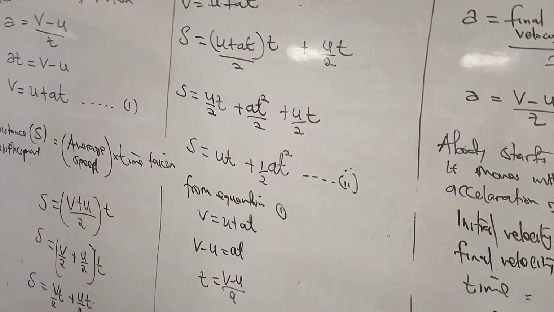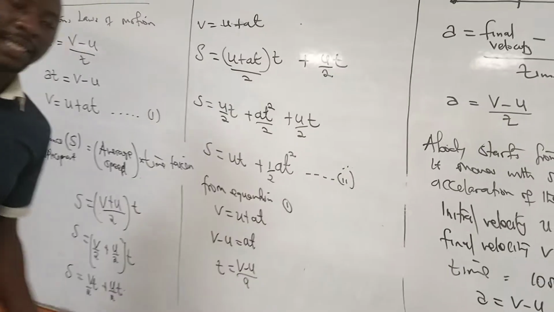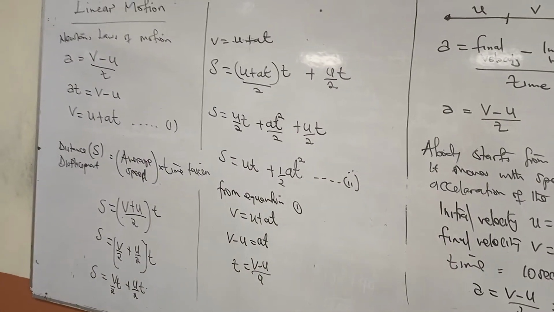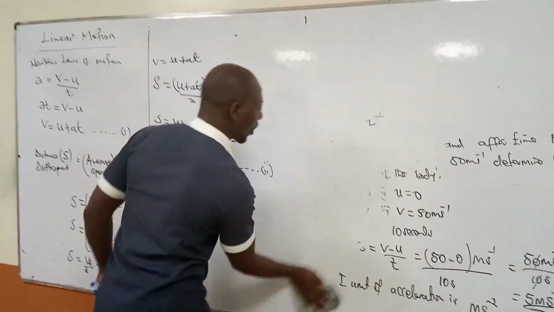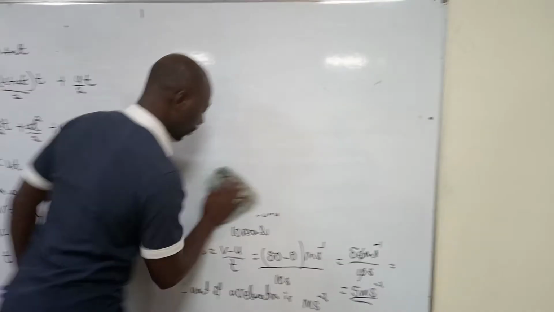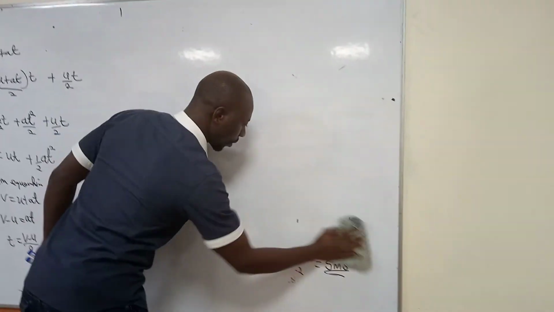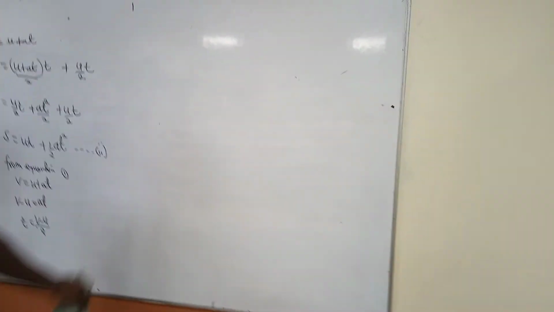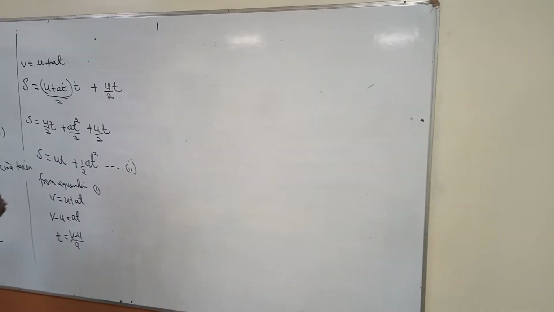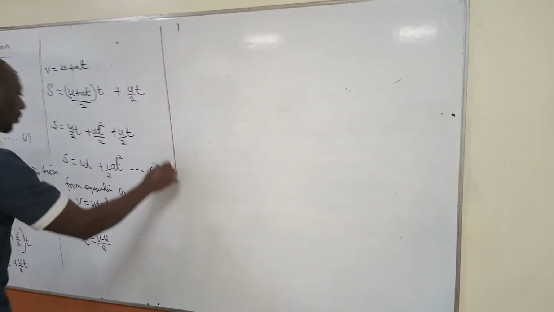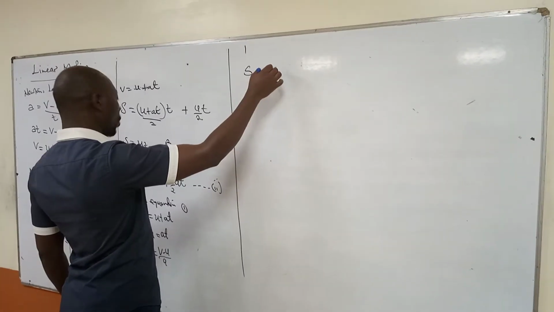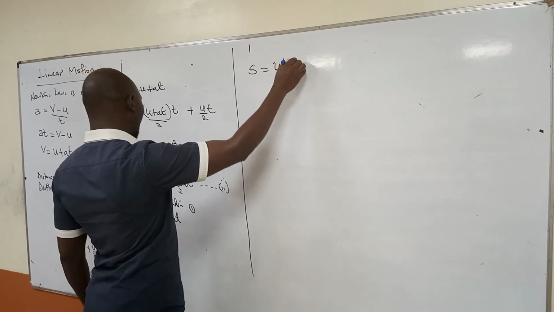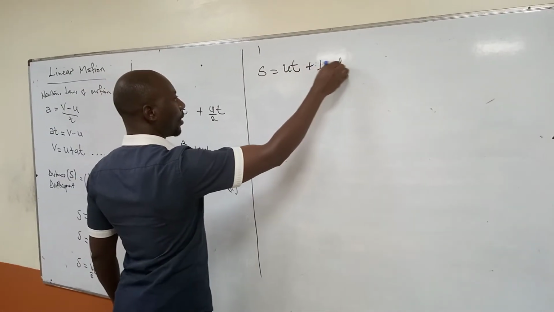So you take the value of t here, replace in the second equation. If you take the value of t and replace in the second equation, the second equation is s is equal to ut plus a half at squared.